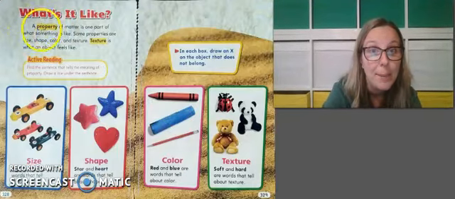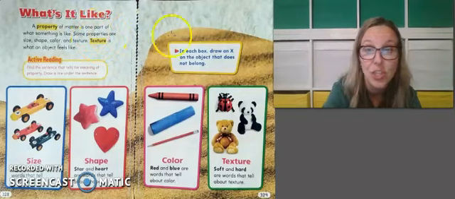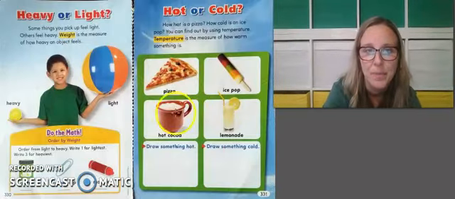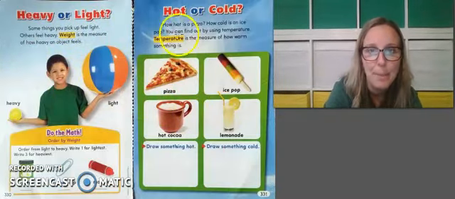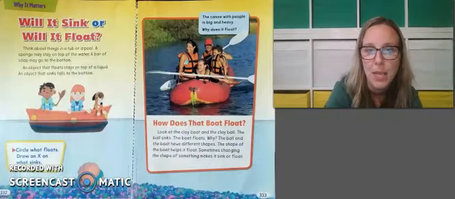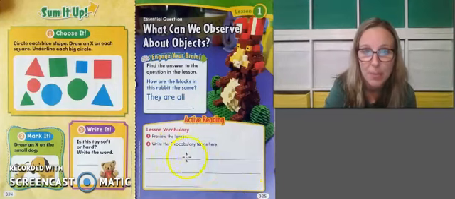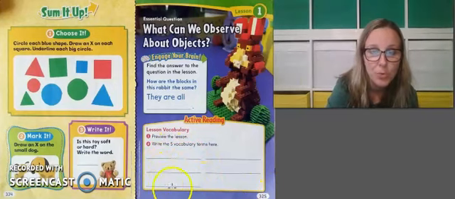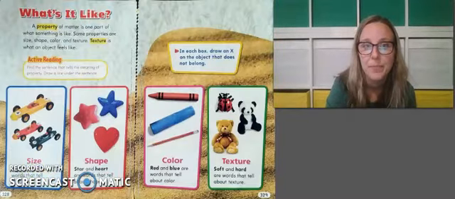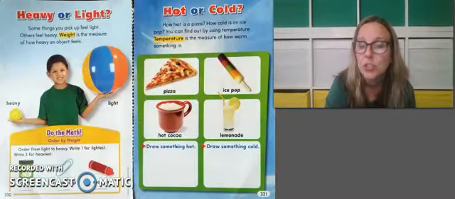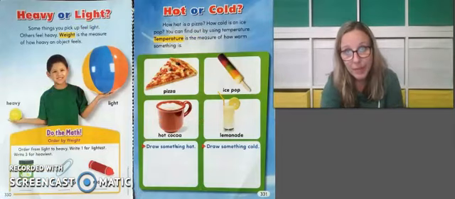The word property, the word texture, all these ones highlighted in yellow. Weight, temperature, okay, all those words you're going to write on these lines. So matter, temperature, weight, all the ones that we just saw, property, texture. So take your time and get those done, okay?